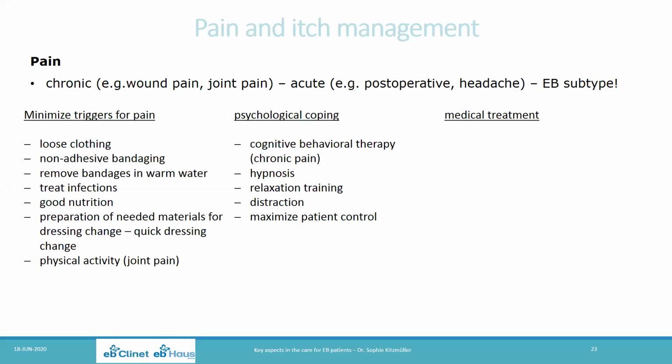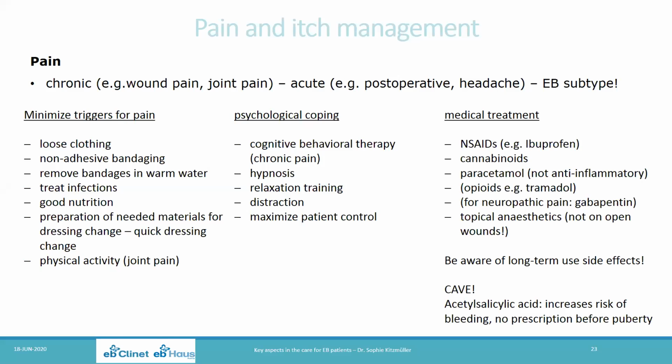And one very important issue, especially during dressing change, is to maximize patient control, so that the patient says, okay, now you can remove the bandage, I am prepared for it, or says, I need a break, I need to focus again. This is really important, that the patient has control over what is done during the dressing change.